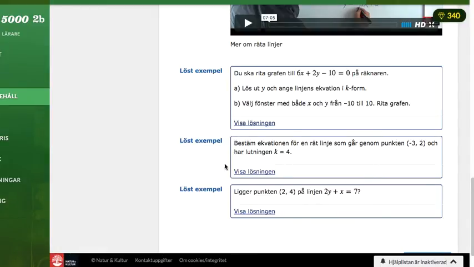Let's try another example. Find the equation of a straight line going through the point minus 3, 2, and which has gradient k equals 4. So we have one point and we have a gradient, therefore we can use the point slope form.